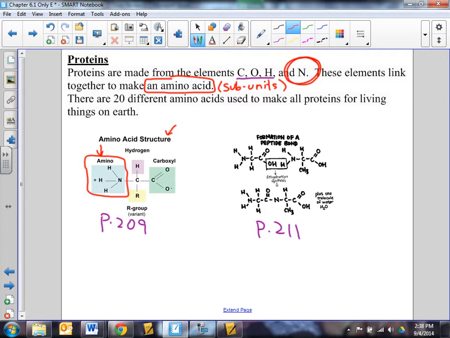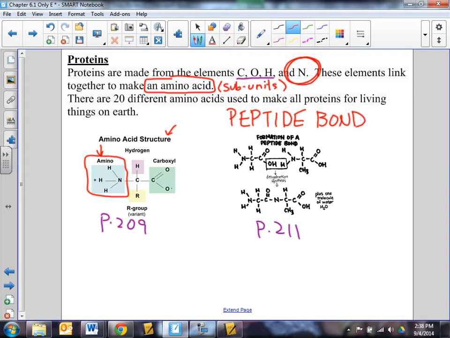So on the right, and this is the picture that's very similar to page 211 of your textbook, I'm illustrating to you how I make a bond between two amino acids. So the word here is peptide bond, and that's the name we give a bond between two amino acids.